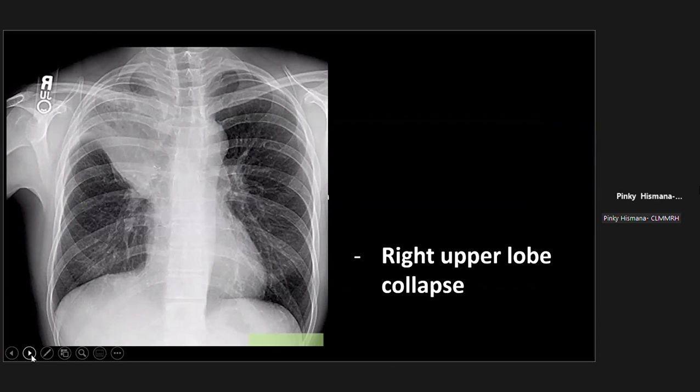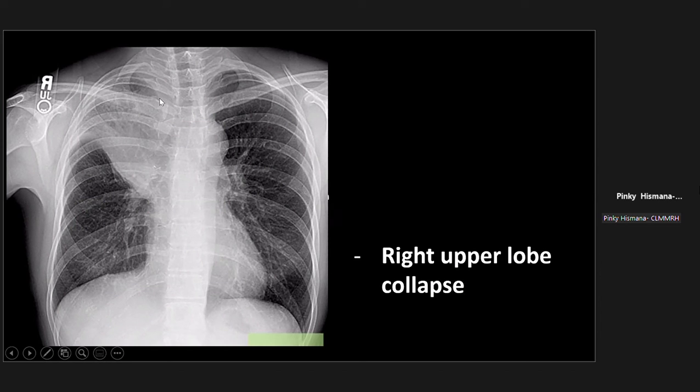So this is another case wherein identification of the level of the hilum is important. I already discussed this with you earlier, right? If you notice, in this case, the right hilum is elevated. This is how we usually describe it.